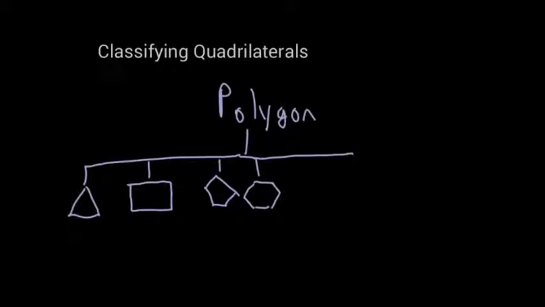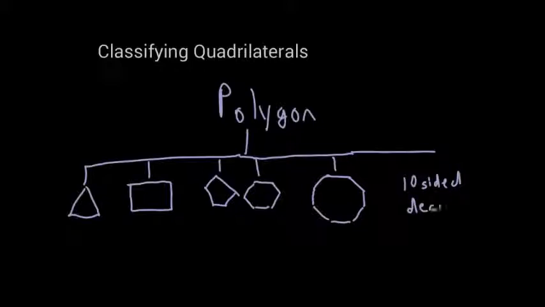And I'm going to skip seven-sided and go to eight-sided, being octagons, sorry, said that wrong, and so on. So we can have 10-sided, I'm not going to keep drawing these, which is a decagon, and these go on forever.